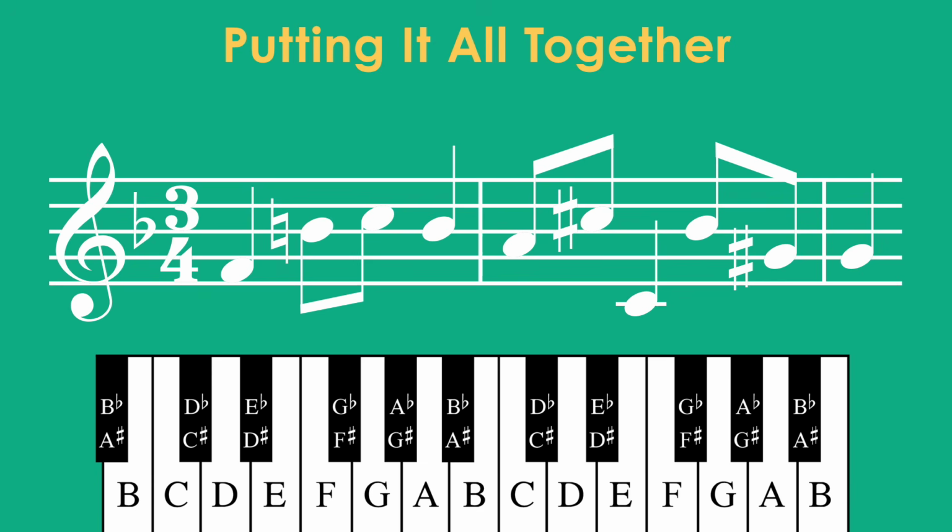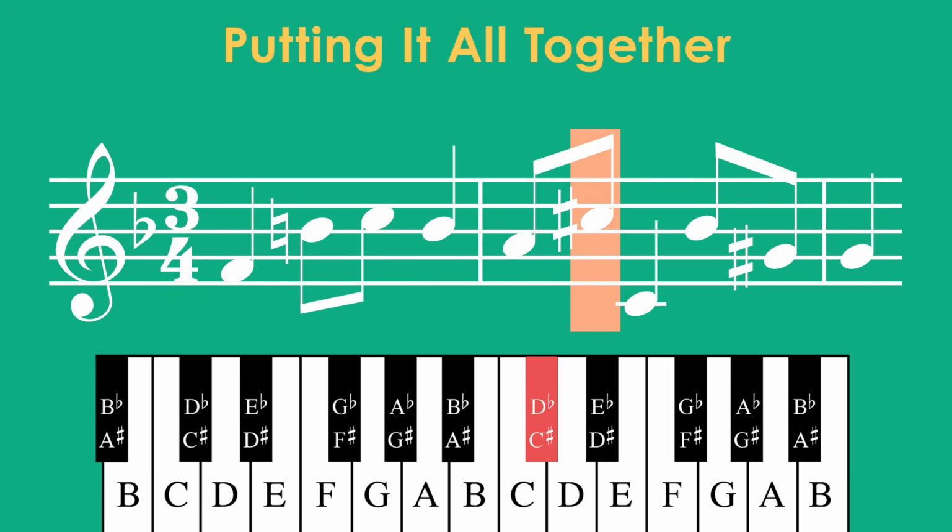So our first note is F. The next note is B natural because of the natural sign. The next note is C. The next note is B natural because the natural carries through that measure. The next note is A. The next note is C sharp because of the sharp sign on it.